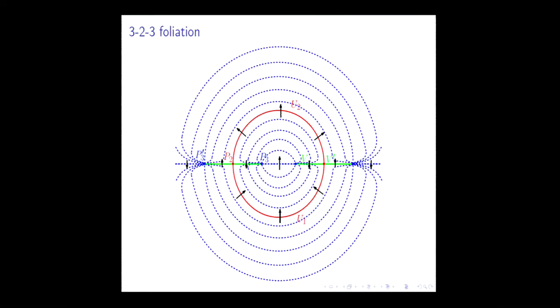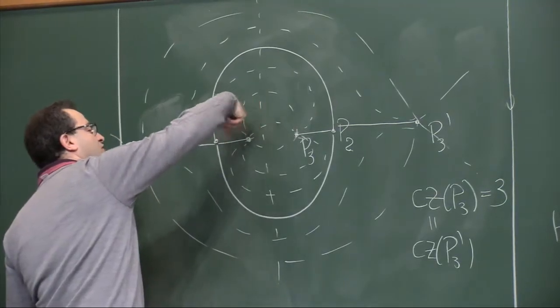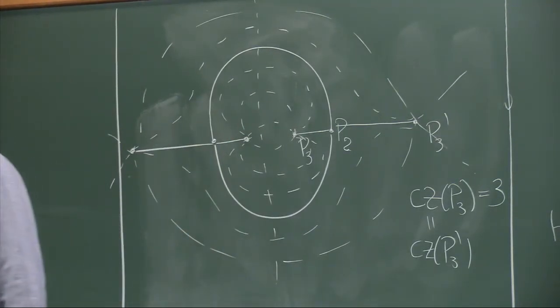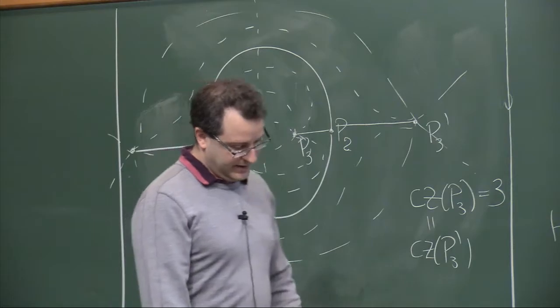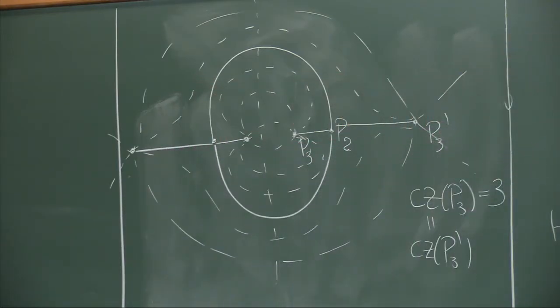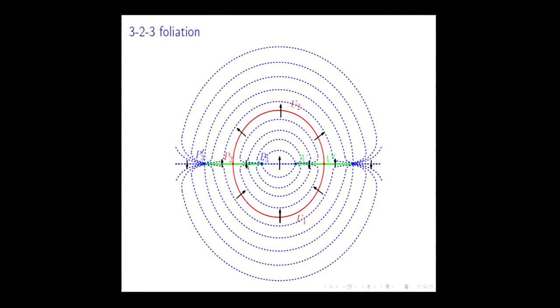But again, this foliation is a 3-2-3 foliation, but those orbits inside this region here, all these leaves here, they converge to the double cover of a simple periodic orbit there. So the main consequence of this foliation is the following. Why we want that this foliation exists. It implies, in particular, that the flow has infinitely many periodic orbits, and moreover, this orbit here is hyperbolic.